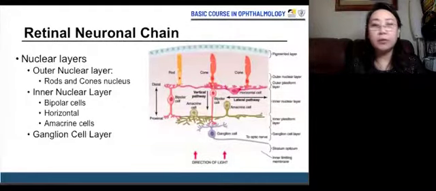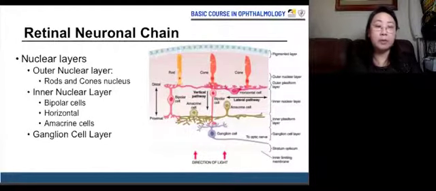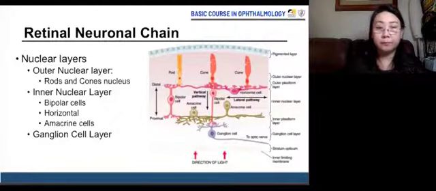As I have mentioned previously, we have the nuclear layers, meaning the outer nuclear layer, which is where the nucleus of the photoreceptors are found, the inner nuclear layer, where the bipolar, horizontal, and amacrine cell nucleus are found, and the ganglion cell layer, where the ganglion cell nucleus is located. As I also said previously, the plexiform layers are where the synapses between the cells are found.